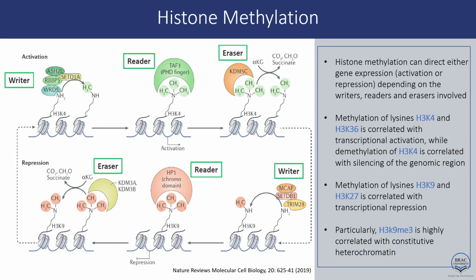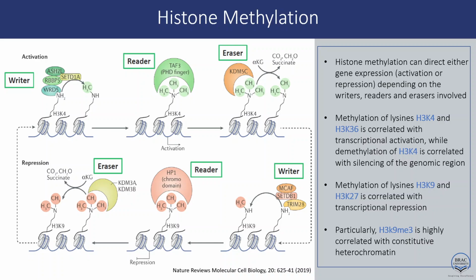Histone methylation is not like histone acetylation; the function is not like acetylation. Histone methylation works slightly differently, because it can activate gene expression, and it also can suppress or repress gene expression.